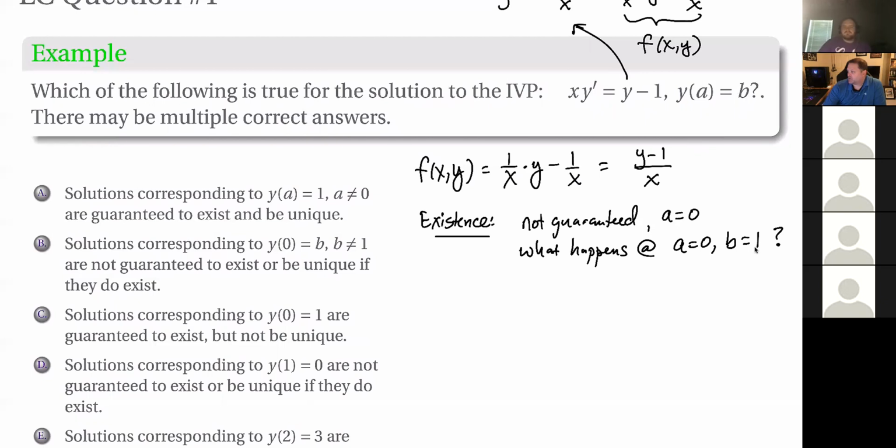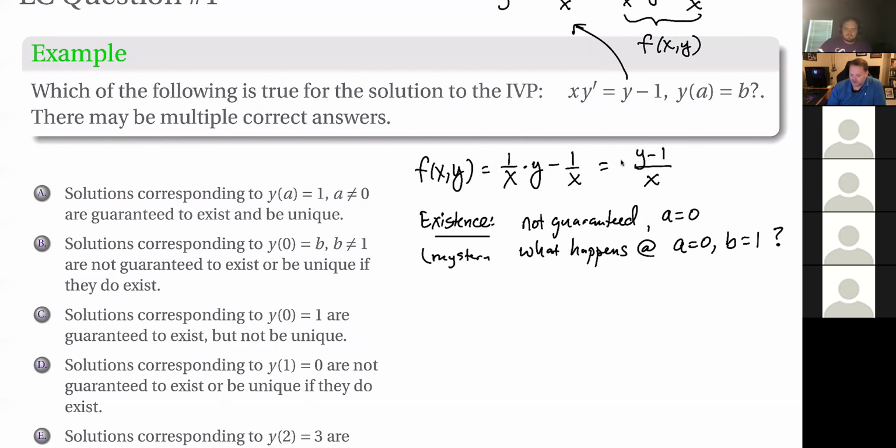And if b is 1, that means my y value is 1. I get 0 over 0 there, right? Which is not undefined, it's actually indeterminate. That's slightly different there.